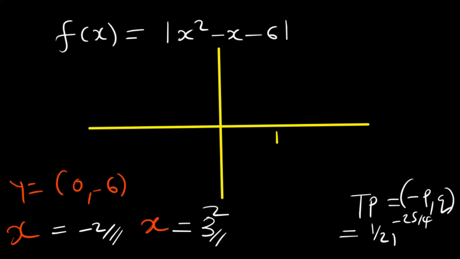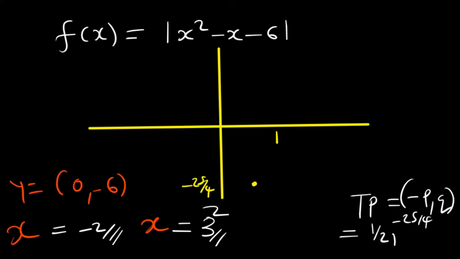So let's say half, then negative 25 over 4, that is like somewhere like 8, let's say somewhere here. Okay, that is negative 25 over 4. If you are going to divide it, maybe it's going to be close to like 8 point something. Okay, 8.5 somewhere there. So that is our turning point.